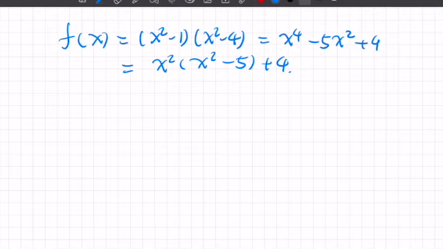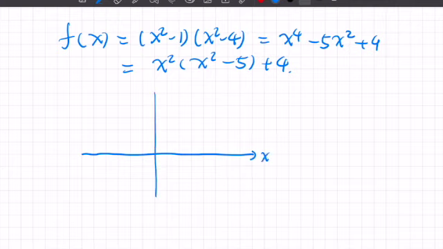So if you draw the graph of this function, it should look like this. Let's see. So this is the x-axis. Let's say this is 1, this is 2, negative 1, negative 2. I think it should look like something like this.